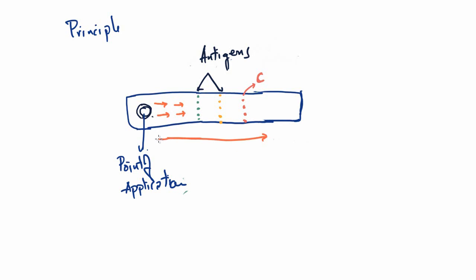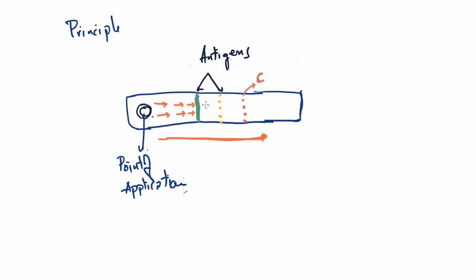As it moves, when it combines with the antigens over here, it binds with the antigen and forms a complex, giving that particular line.